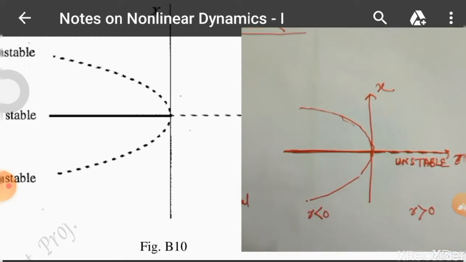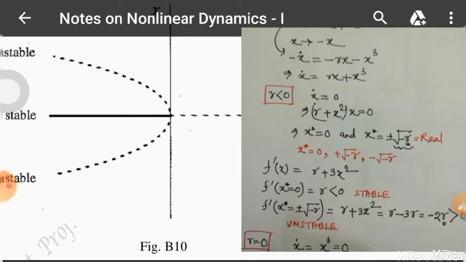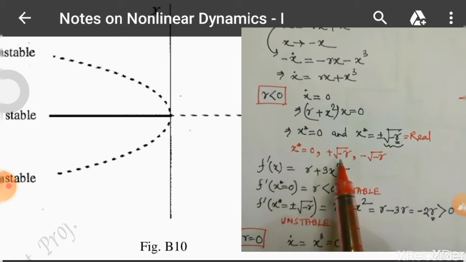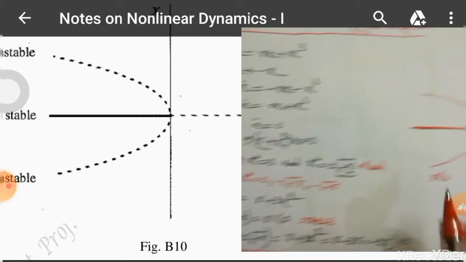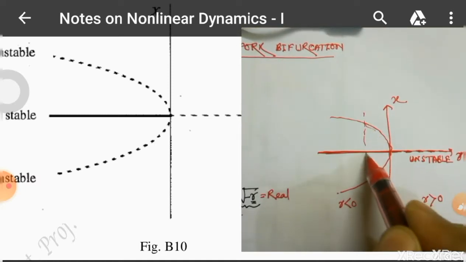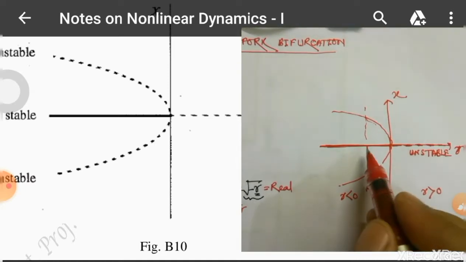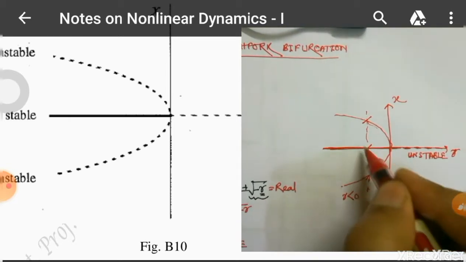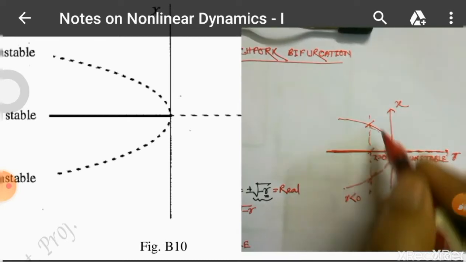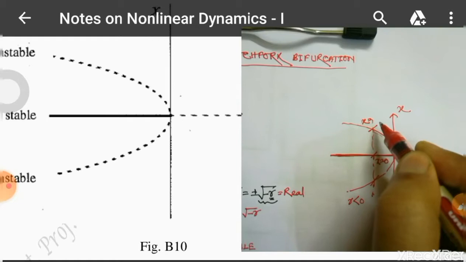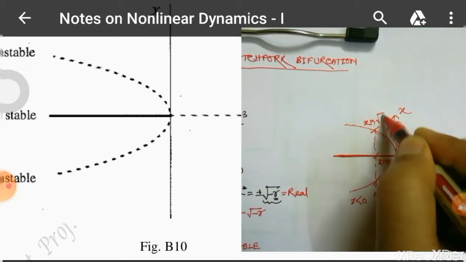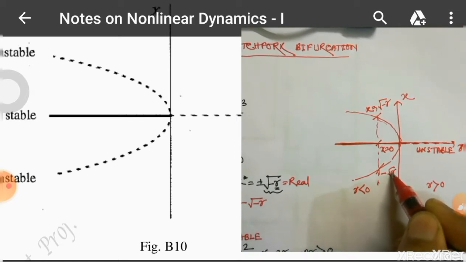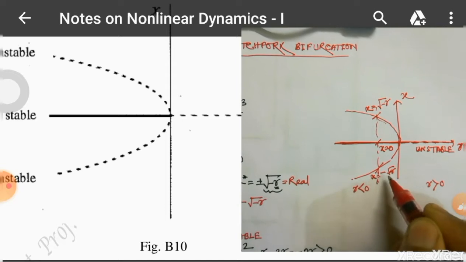And for r less than 0, there are three fixed points: 0, plus root over of minus r, and minus root over of minus r. If we draw a line here, this represents a negative value of r, then we can see these three fixed points. This is x equal to 0, this is x equal to plus root over of minus r, and this is x equal to minus root over of minus r.